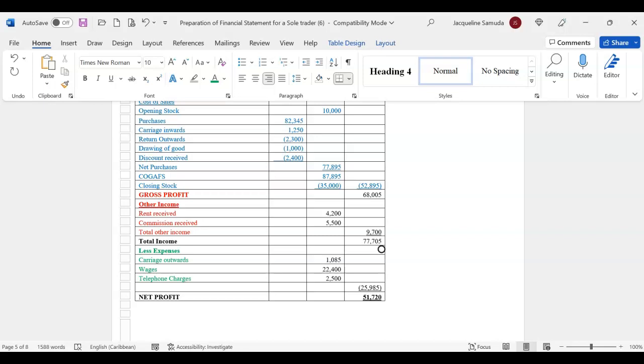So because my 51,720 is not bracketed, it means I have a profit. But if the 51,720 happen to be bracketed, then that would represent a net loss. But in this question, we end up with a net profit.